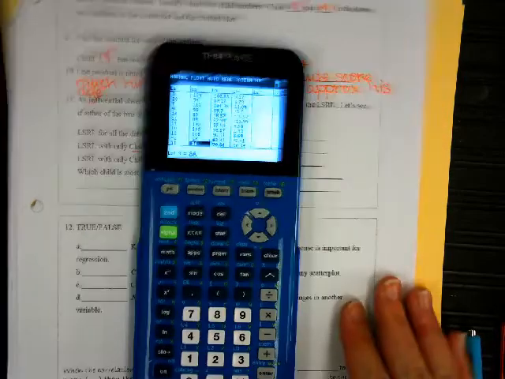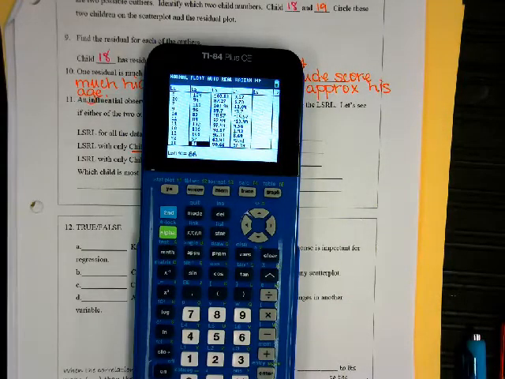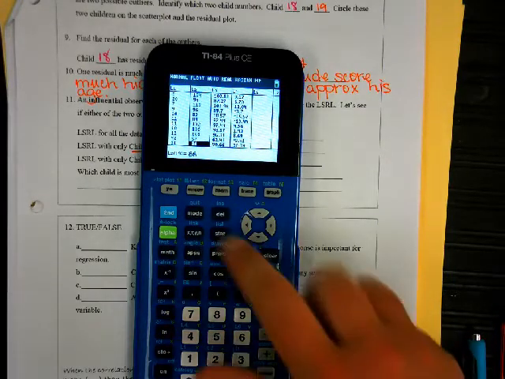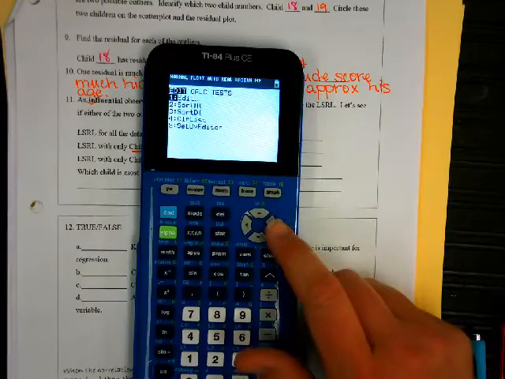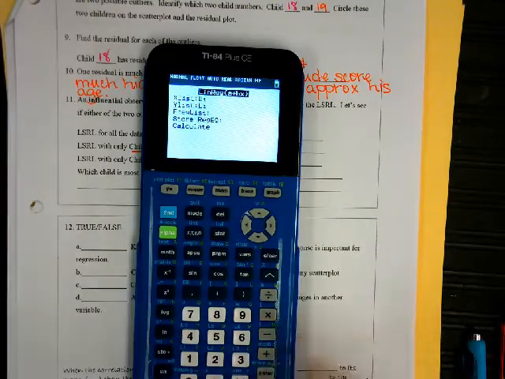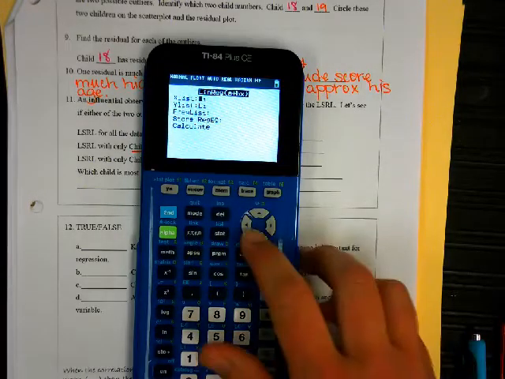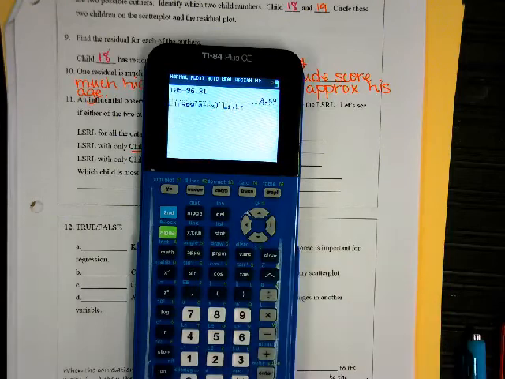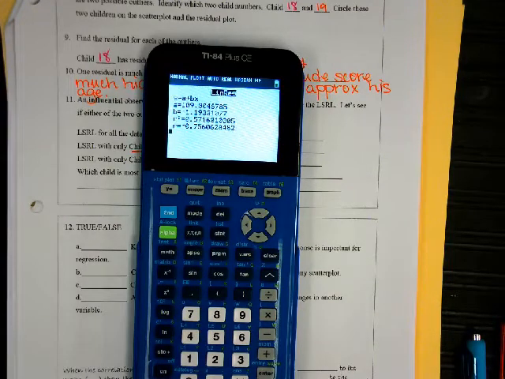Then we're going to go back and get our new least squared regression line. So we're going to go stat, over to calc, and we're going to choose number 8. Should hopefully still say list 1 and list 2. Go down to calculate. And my y-intercept is 109.31, and my slope is negative 1.19.